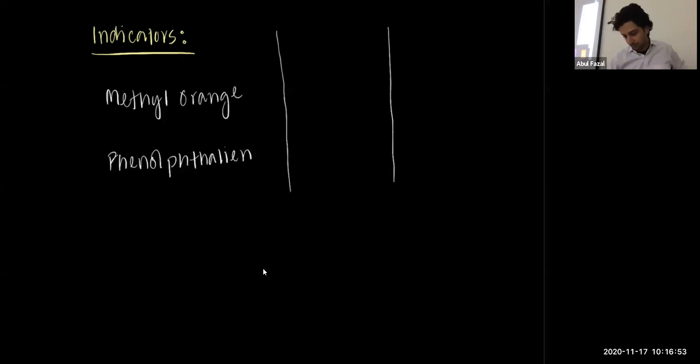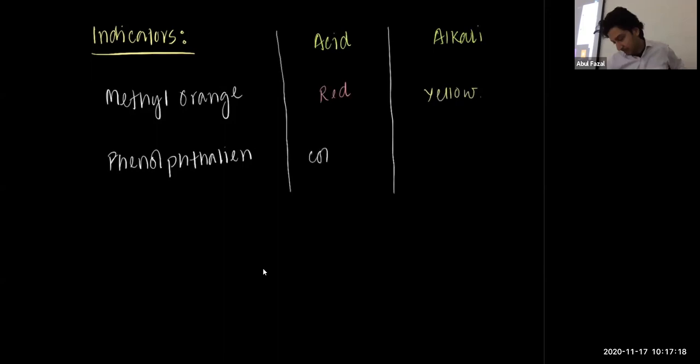They have different colors in an acid and in alkalis. Now, methyl orange is red in an acid and yellow in an alkali. Phenolphthalein is colorless in an acid.